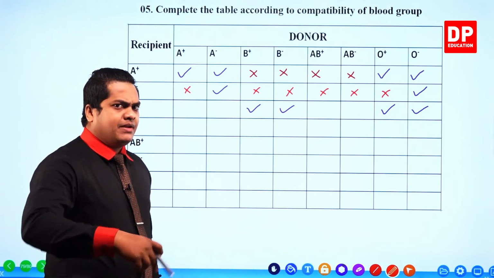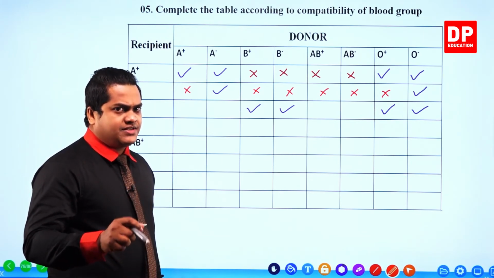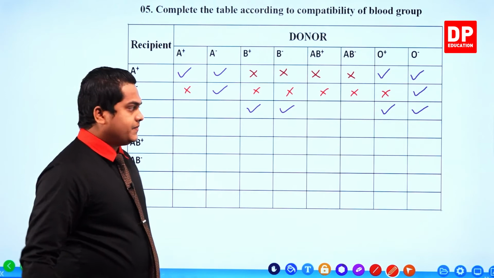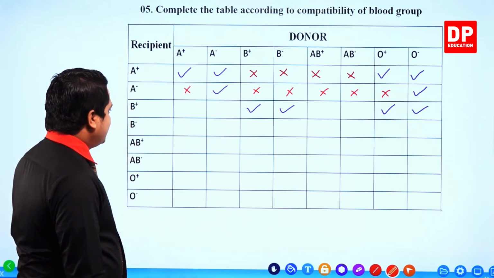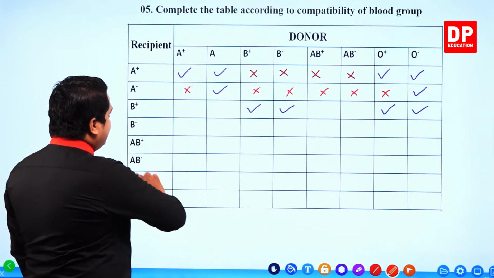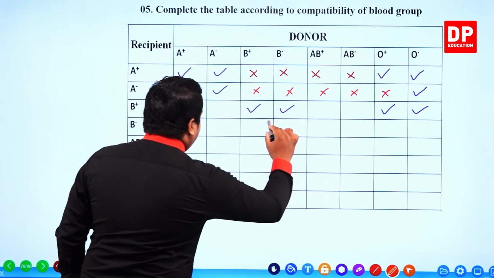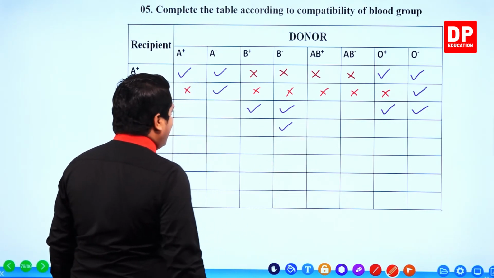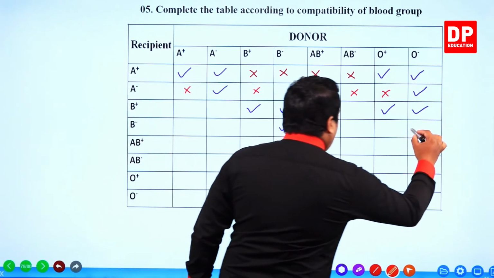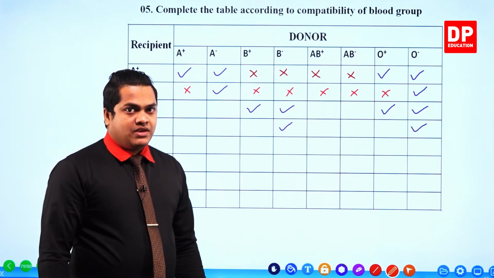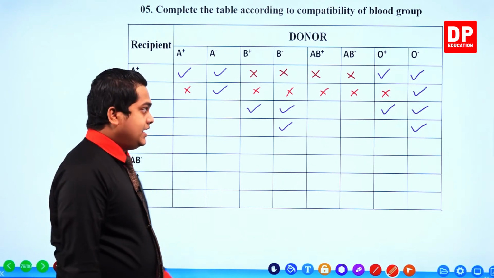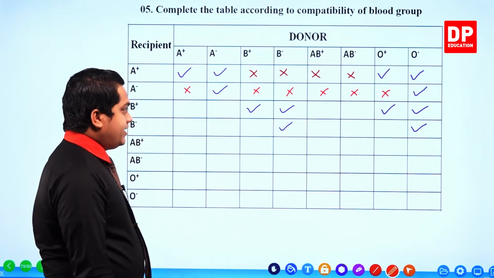We'll complete the table for the ticks first and we'll then do the crosses. Then the recipient B minus. B minus can receive from B minus and from O minus.